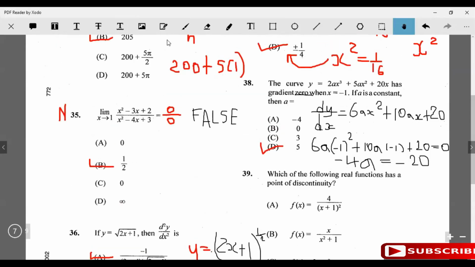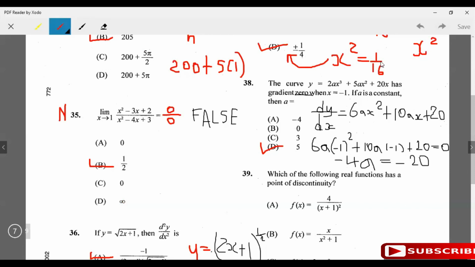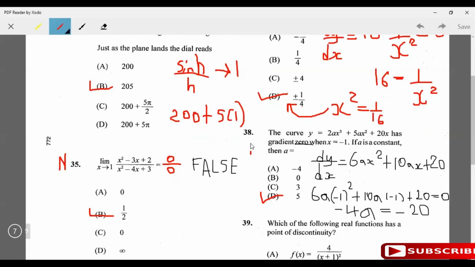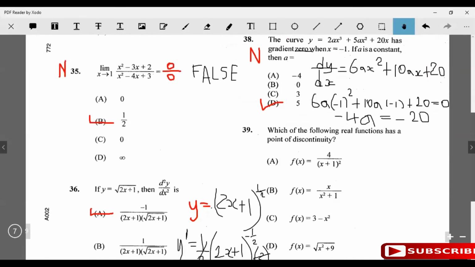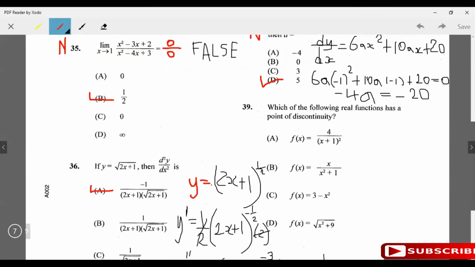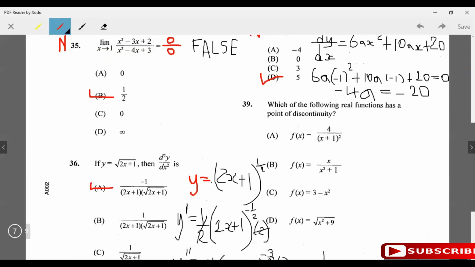All right, question 39. Question 39 says, oh, this is a new question. Let me just write that down, new question. Question 39 says, which of the following real functions has a point of discontinuity? Point of discontinuity occurs when the denominator is 0. So whenever you can set the denominator equal to 0, that's where a point of discontinuity occurs.